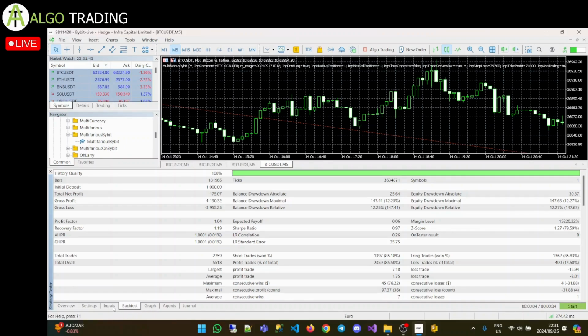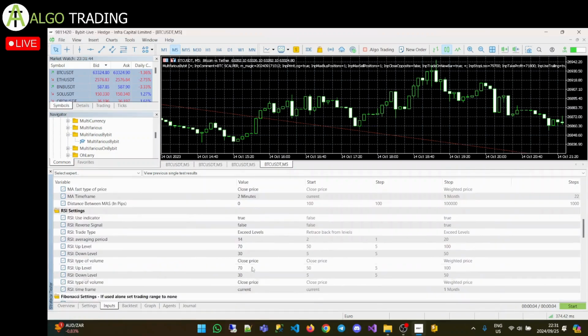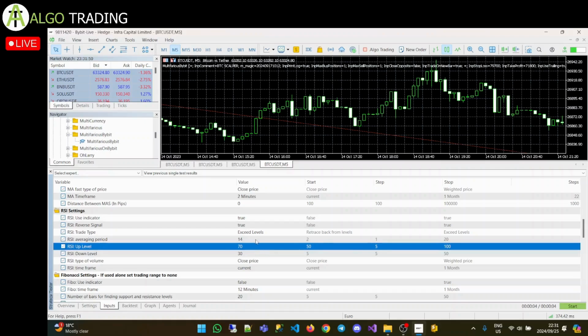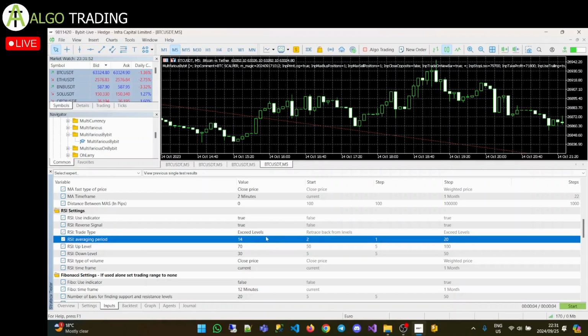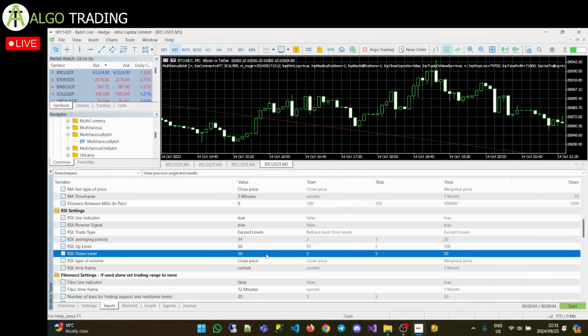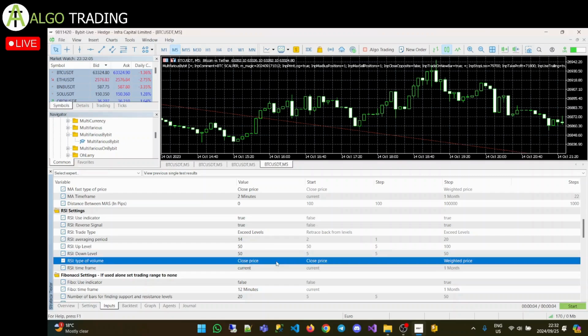Now, what I'm going to do is switch these settings. So again, we're only using the RSI, and now I'm going to reverse the signal. So what I'm going to say is that on the 14 period, if it's above 50, buy, and if it's below 50, sell.